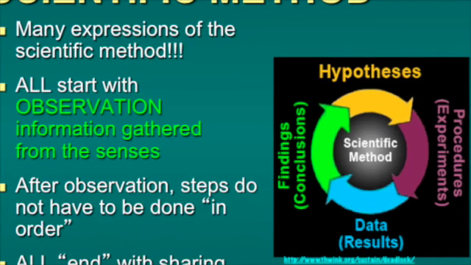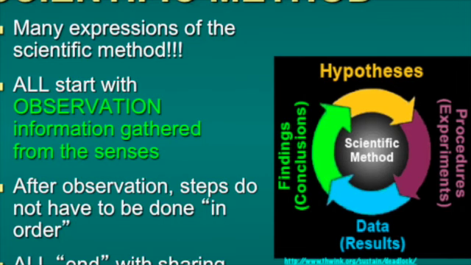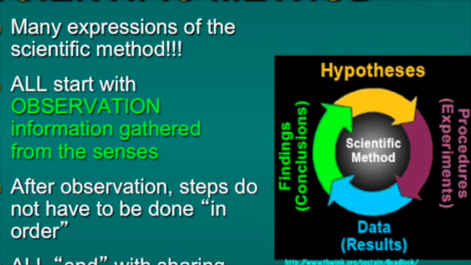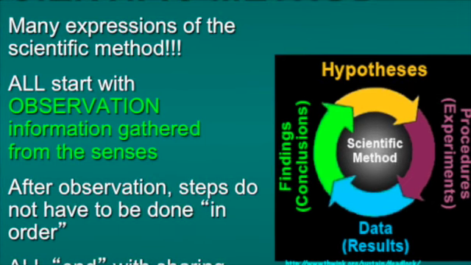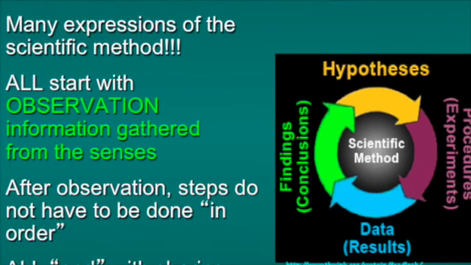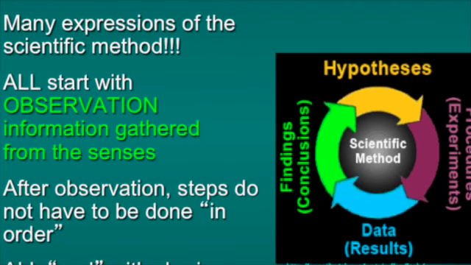After that, the steps aren't always done in order, but we tend to see that after there's an observation, there's usually a problem that's identified, followed by a hypothesis. Then you will test your hypothesis. From that testing, you will get data. You will analyze the data to draw conclusions.